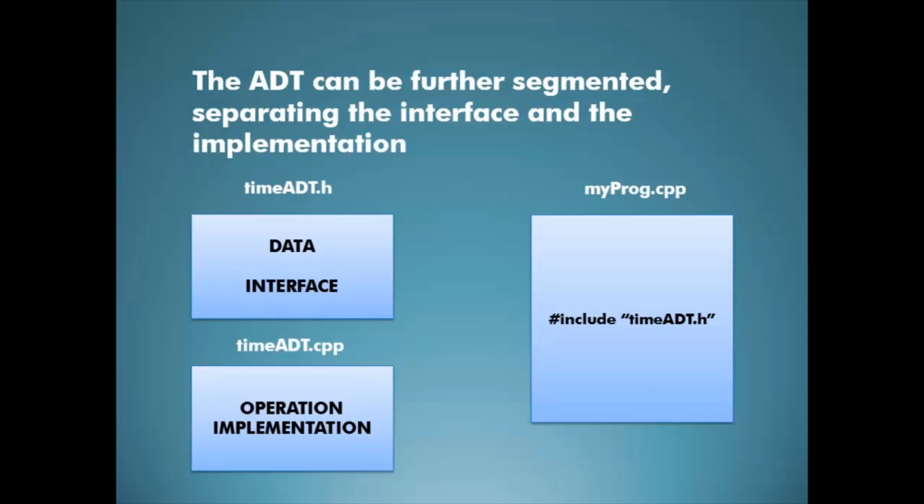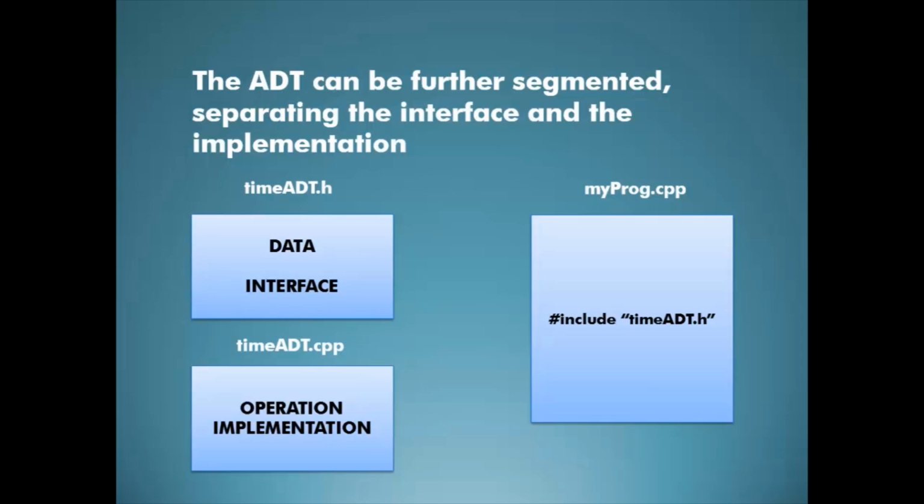What would happen in the header file is that you would provide a user interface, and that interface would be the prototypes and the documentation for all of your functions, so that your user can see how to properly call and utilize the functions. The actual implementation of those functions can be put into a separate code file, and that separate code file can be compiled in such a way that your user is unable to see the actual code.